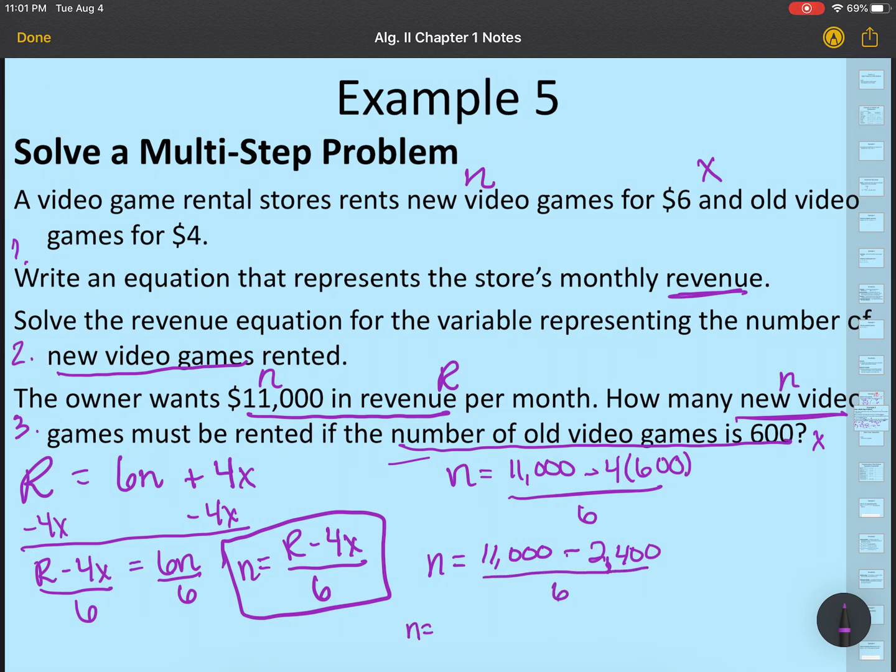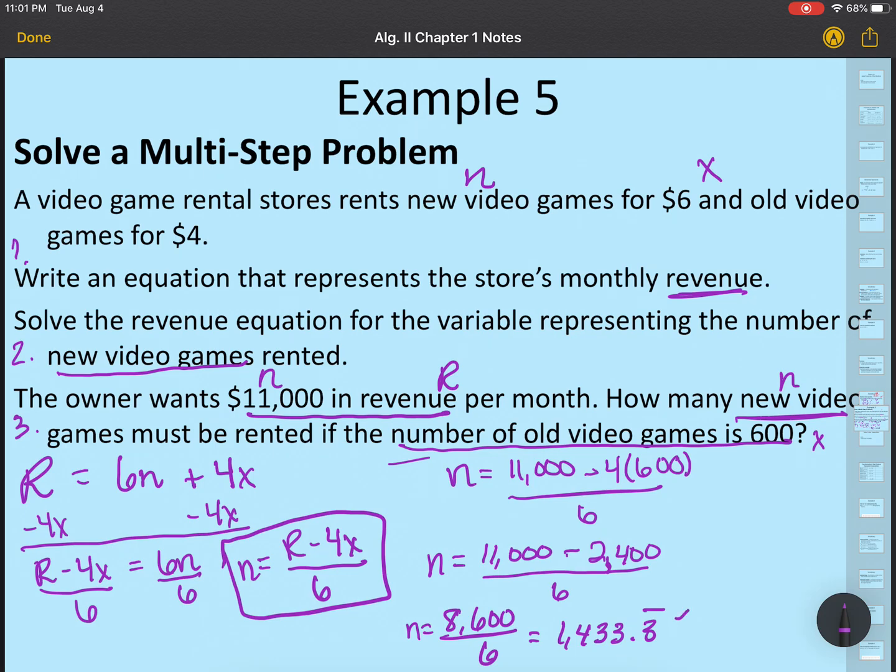Now I need 11,000 minus 2,400. Well, that's 8,600 divided by 6. And when you divide that out, you get 1,433.3 repeating. But we're working in video games, right? And we can't really have 0.3 repeating of a video game.